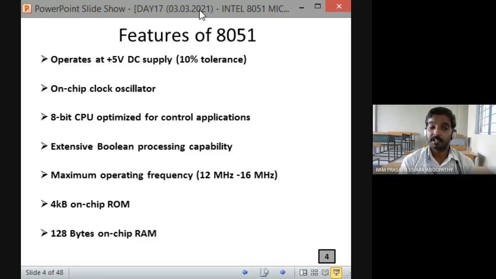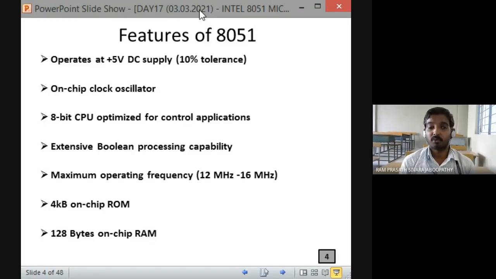Fine. But if your application requires memory more than this, at that time what you have to do? See, here in the Intel 8051 microcontroller, you have a 4 KB on-chip ROM for storing the program. This 4 KB ROM can also be called 4 KB program memory or code memory. This 128 byte RAM can also be called data memory. Clear?